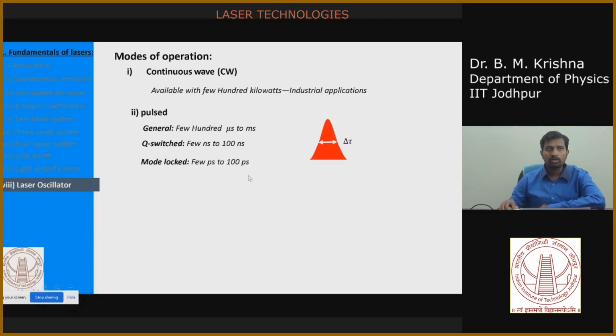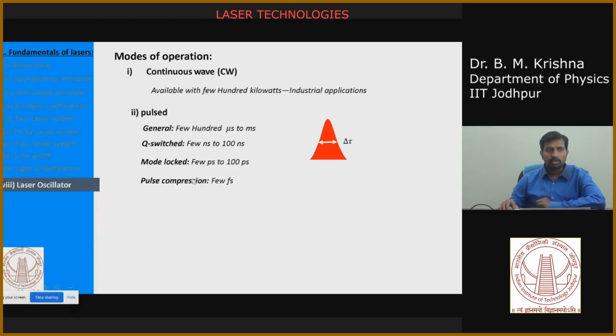The other technique is called mode locking. This mode locking technique allows us to make short pulses from a few picoseconds to 100 picoseconds. So now you see in pulse lasers, we are actually getting time resolutions.